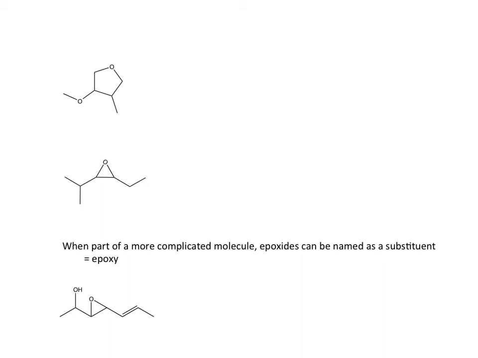So the oxygen is considered number 1. Now I could go clockwise to the methyl, it's number 3, or I could go clockwise to the methoxy, that would be number 3. So in terms of the numbering, the direction isn't going to matter. So I'm going to fall into which comes first alphabetically, and the methoxy group comes first.